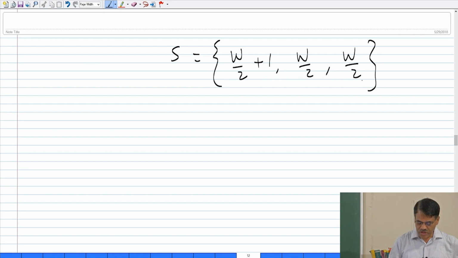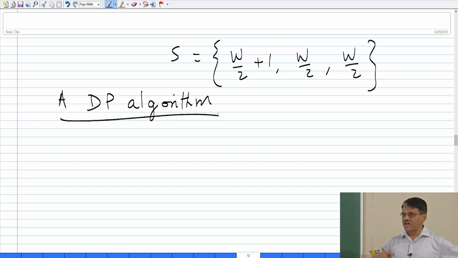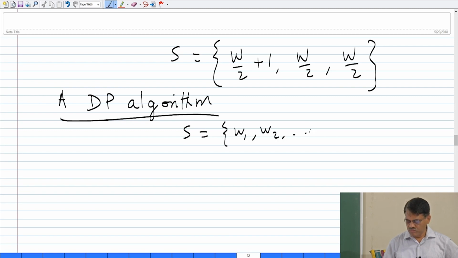This is also a good drill on an example of dynamic programming, which is an important algorithmic paradigm. So my S has n weights and my target is W.